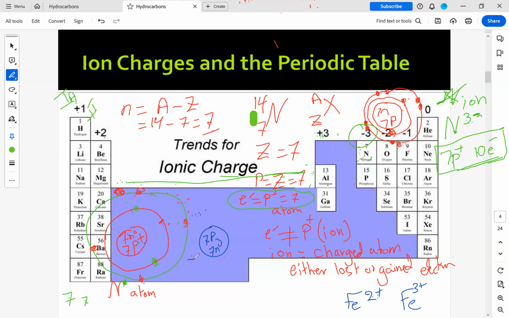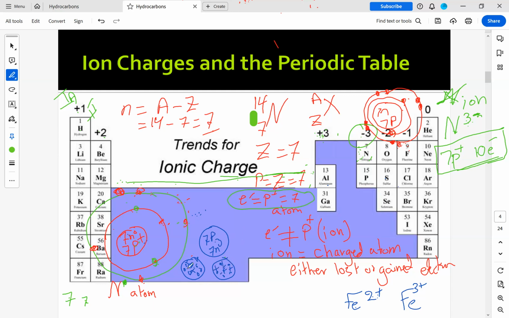Even some books do it this way: 1, 2, 3, 4, 5, 6, 7 for the protons, and for the neutrons, the opposite, a 0, because the neutron is neutral. So they say since the neutron is neutral, I will represent it by a circle, and since the proton is positive, I will make it a plus.